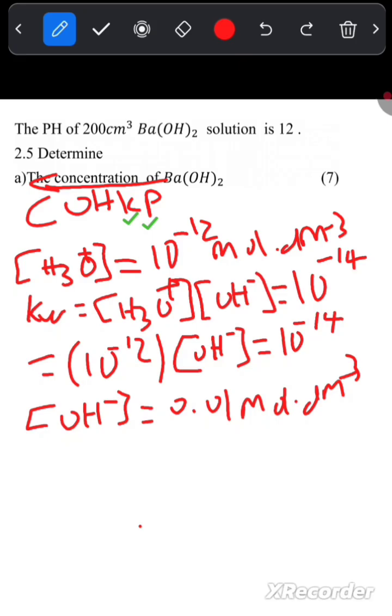This is the concentration of hydroxide ions.